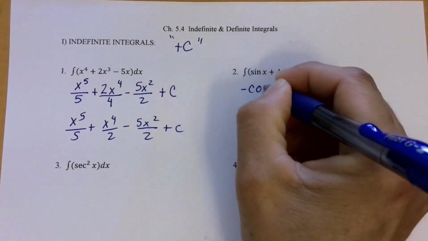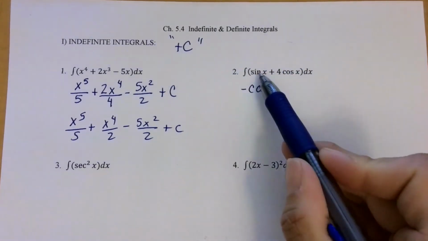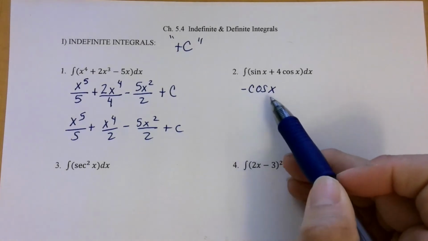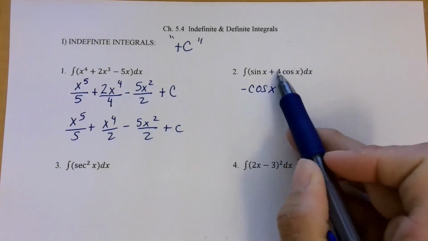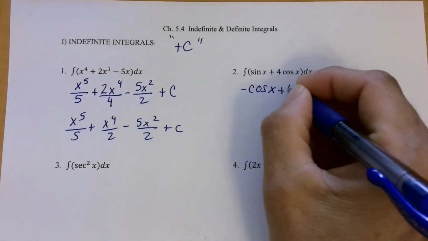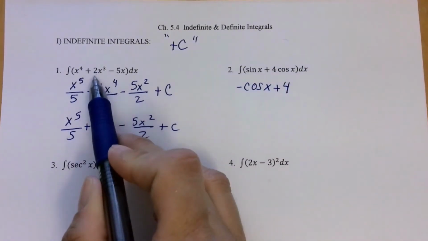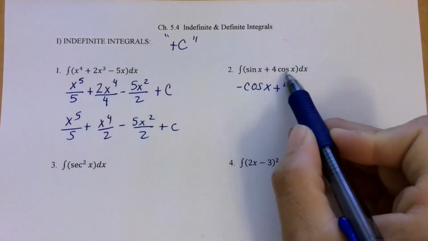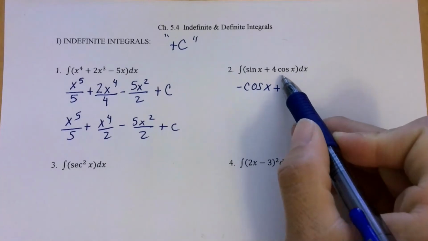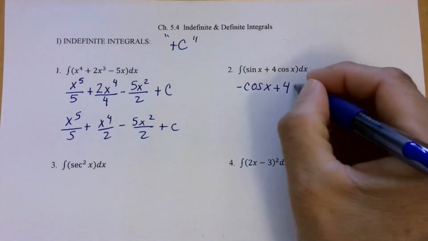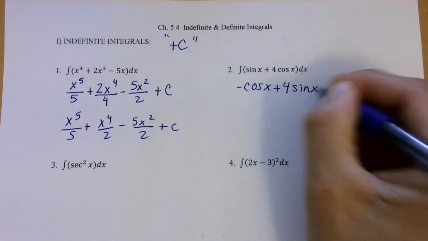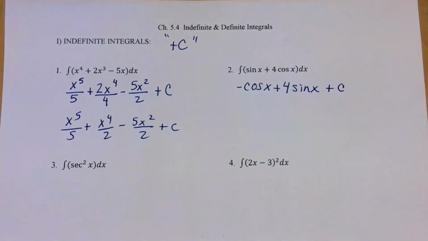So the antiderivative of sine would be negative cosine of x. For the next term, the coefficient carries down, just like it did on the last example where the 2 carried down. And cosine is the derivative of sine, therefore cosine's antiderivative is sine of x. And we're going to include our plus c.